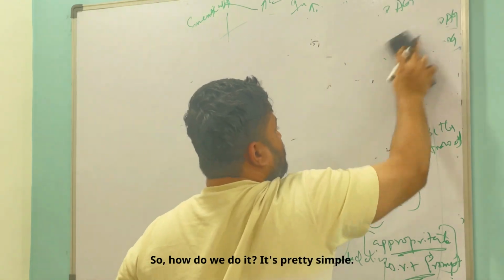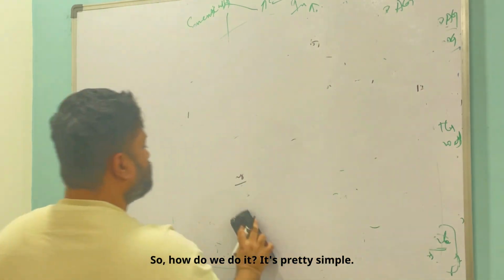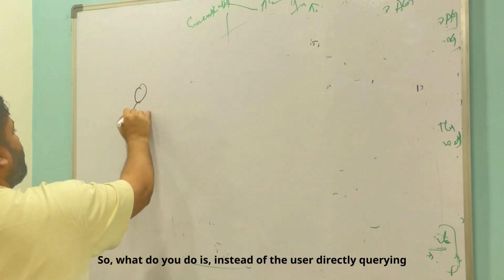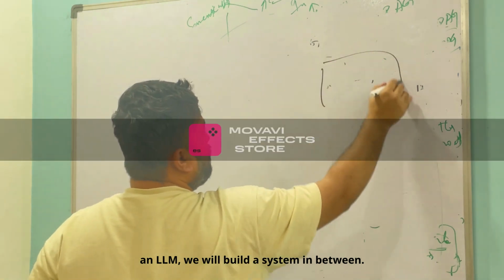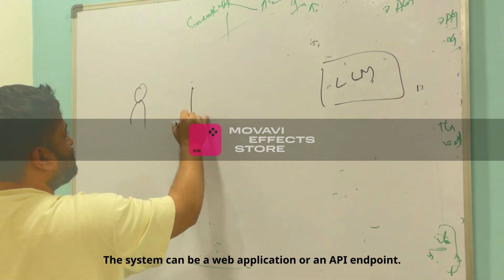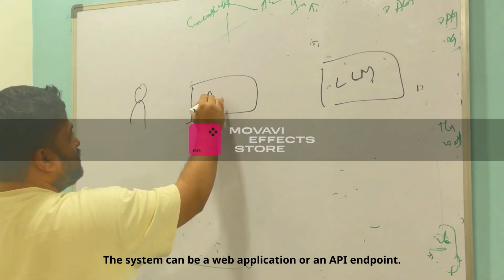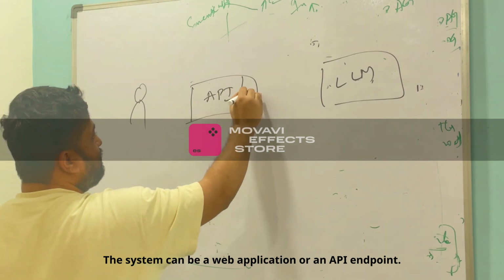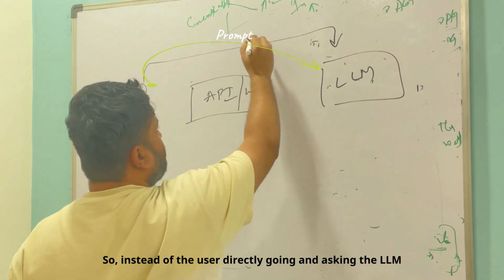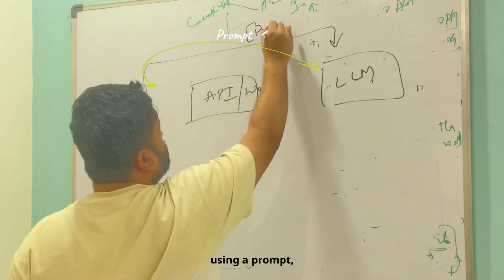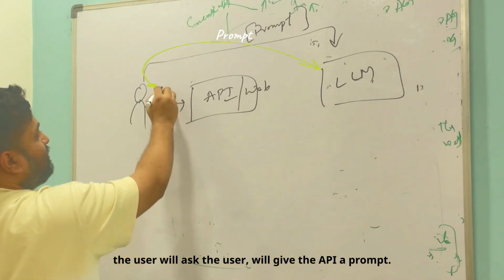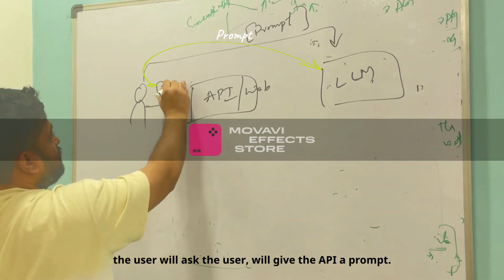So how do we do it? It's pretty simple. Instead of the user directly querying an LLM, we will build a system in between. The system can be a web application or an API endpoint. So instead of the user directly going and asking the LLM using a prompt, the user will give the API a prompt.